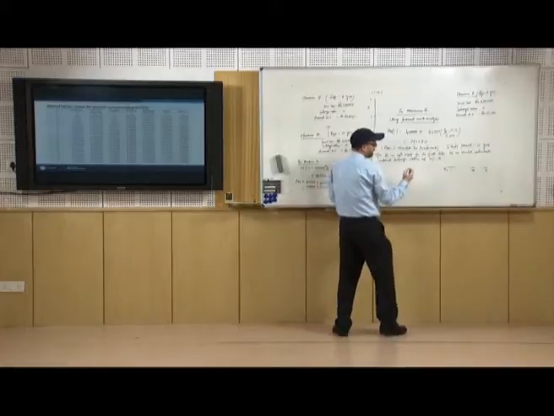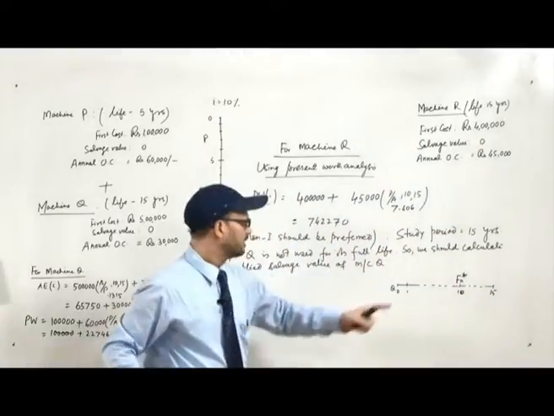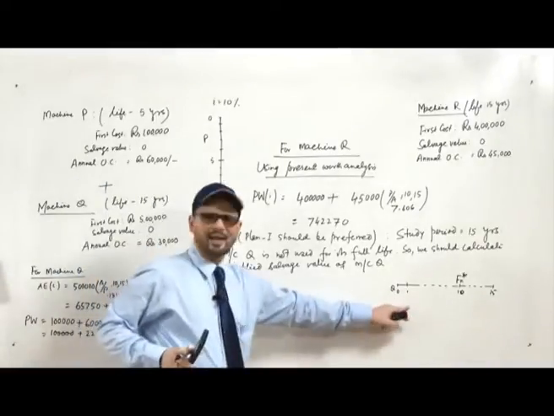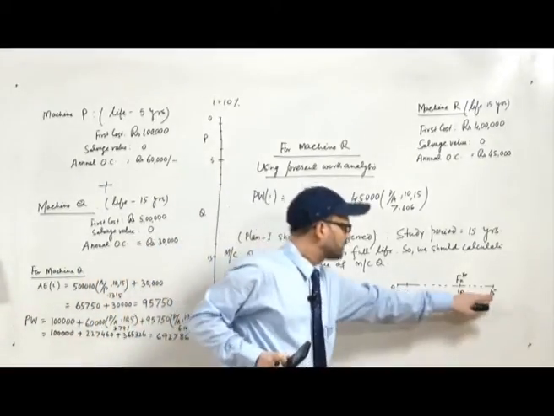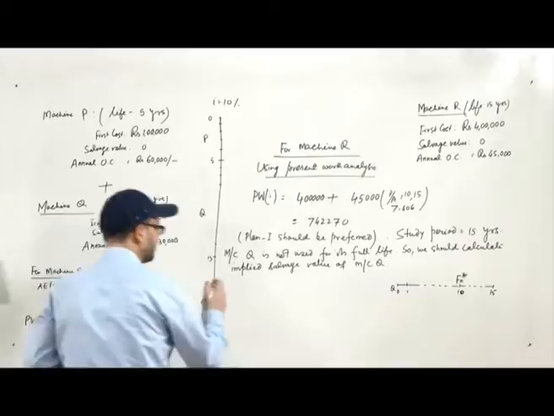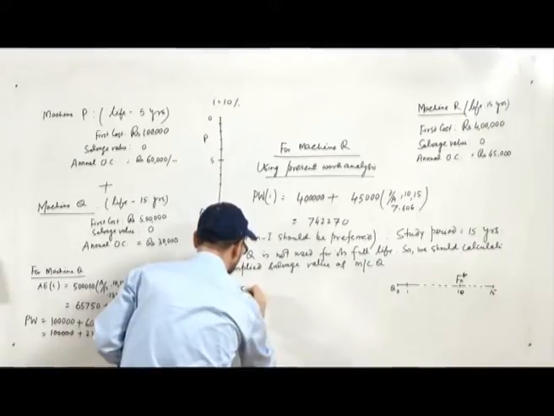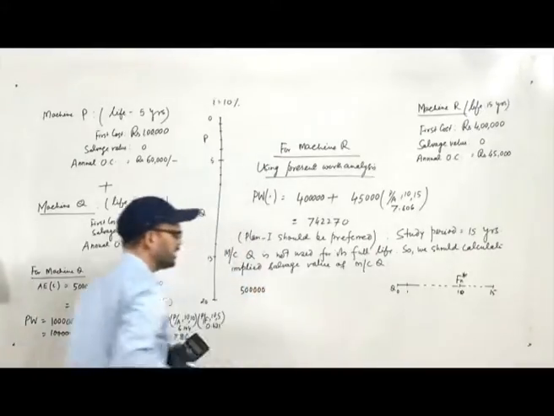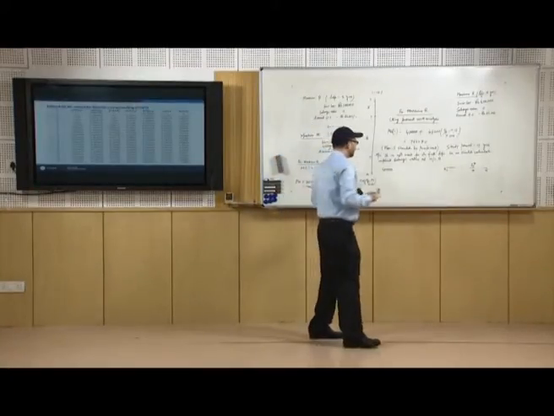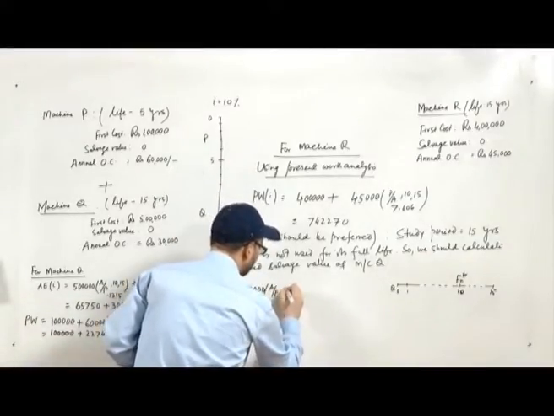For finding the implied salvage value, suppose the implied salvage value at 10 years of its life is Fn star. In that case, the annual equivalent value for 15-year analysis as well as for 10-year analysis should be equal. So, your first cost being 5 lakh, using its 15 years life, when its salvage value is taken as 0, the annual equivalent value will be A by P 10, 15.